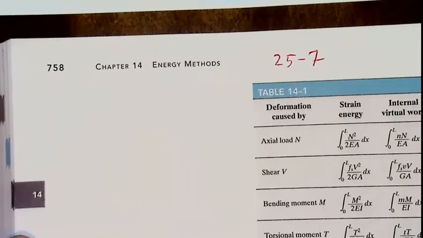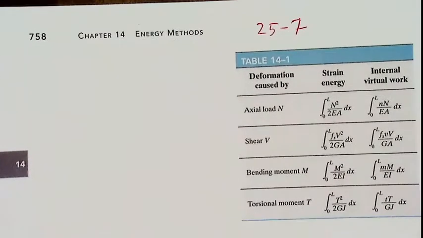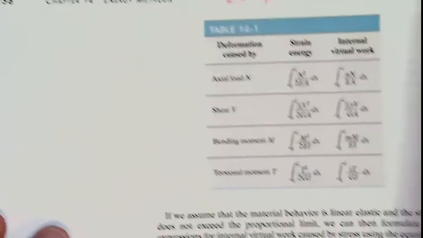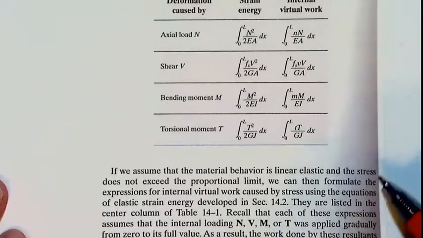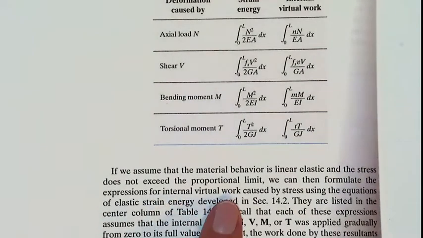So we continue. If we assume that material behavior is linear and the stress does not exceed the proportionality limit, we can then formulate the expressions for internal virtual work caused by stress using the equations of strain energy developed in the previous section.